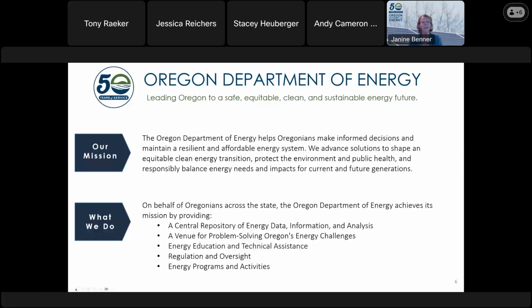It's a central place for Oregon's energy data information and analysis, and can be used for energy education, technical assistance, and helping to find solutions for Oregon's energy challenges. And I also want to point out that this year is the Oregon Department of Energy's 50th anniversary. We've been leading the state to a safe, equitable, clean, and sustainable energy future since 1975.